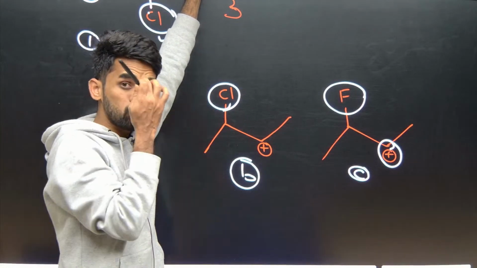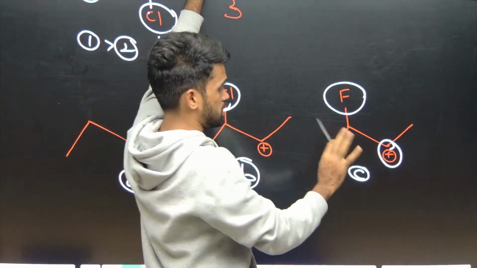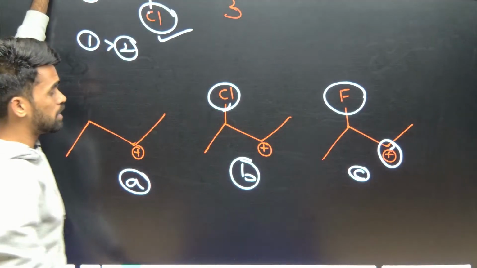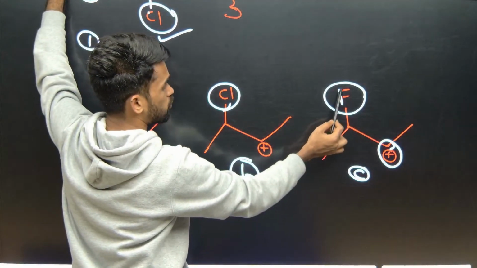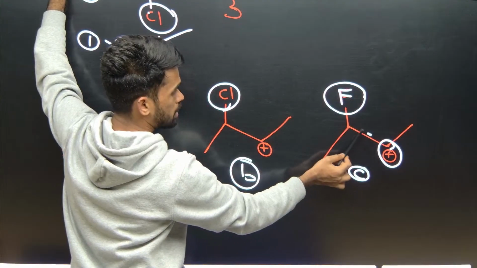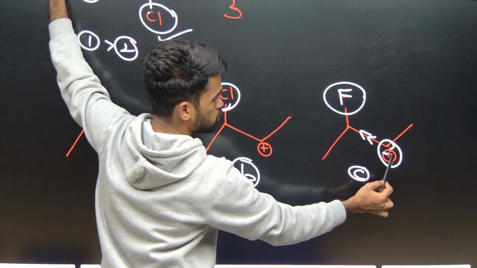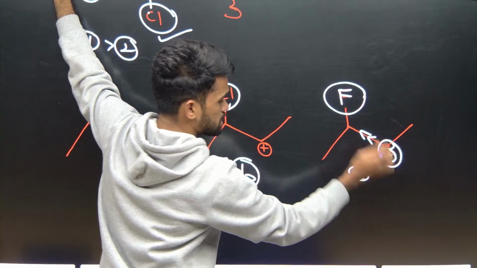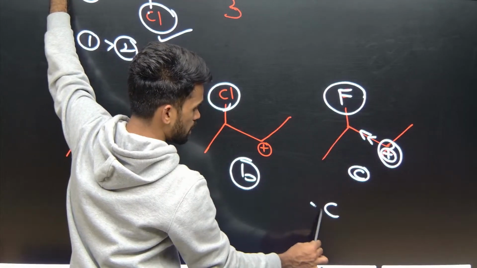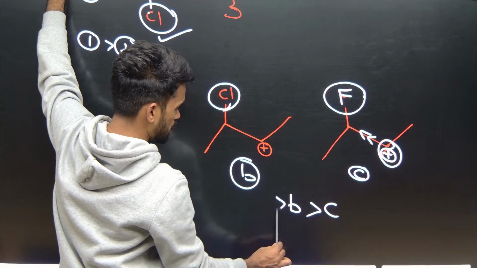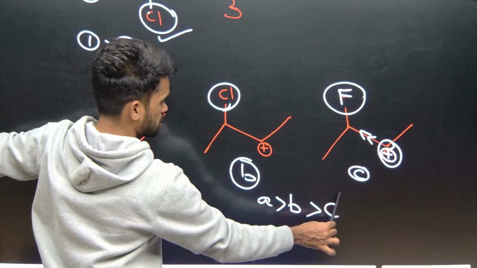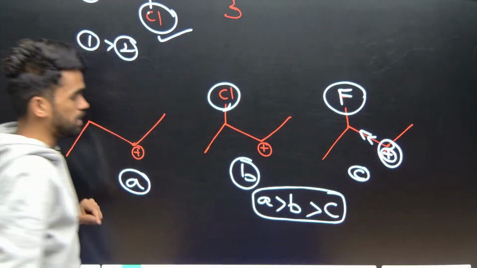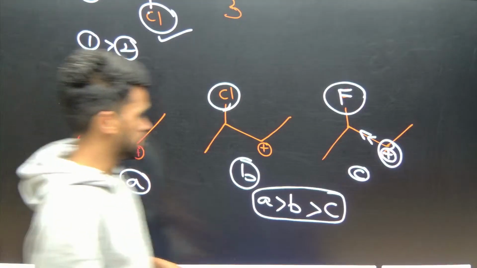If it becomes more deficient, then it will be less stable. So which is less stable here? Fluorine is the most electronegative atom, so it will drag more electrons towards itself, making the carbon more electron deficient and so less stable. So C is less stable than B, and more stability is relatively for A. That's it, this is the stability order for this question. Hope the discussion is clear.